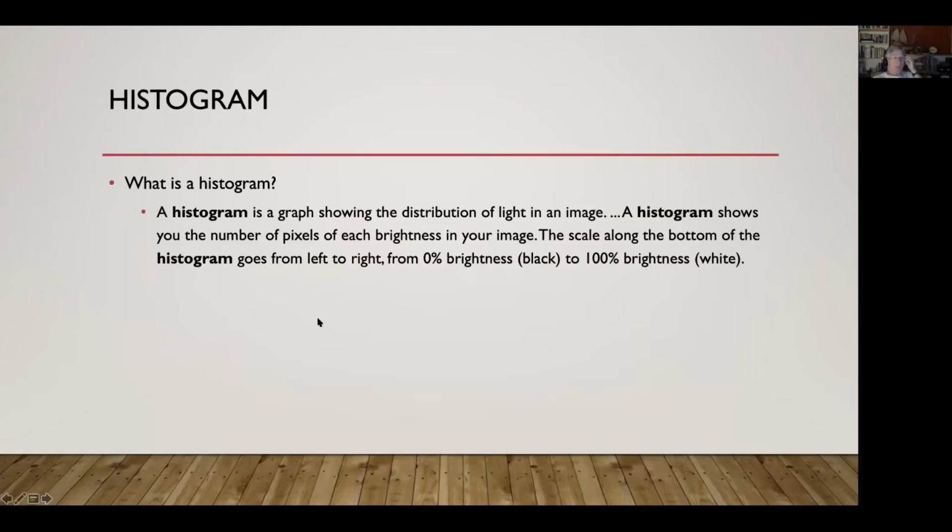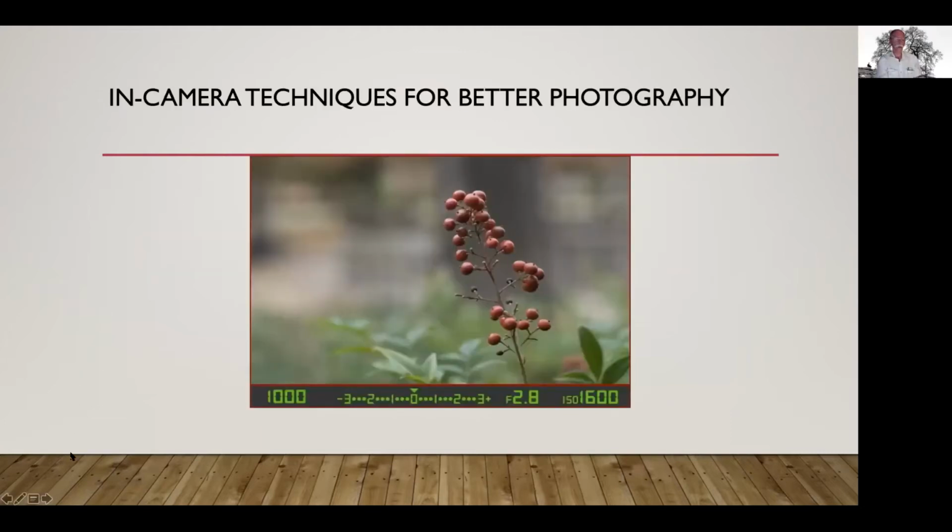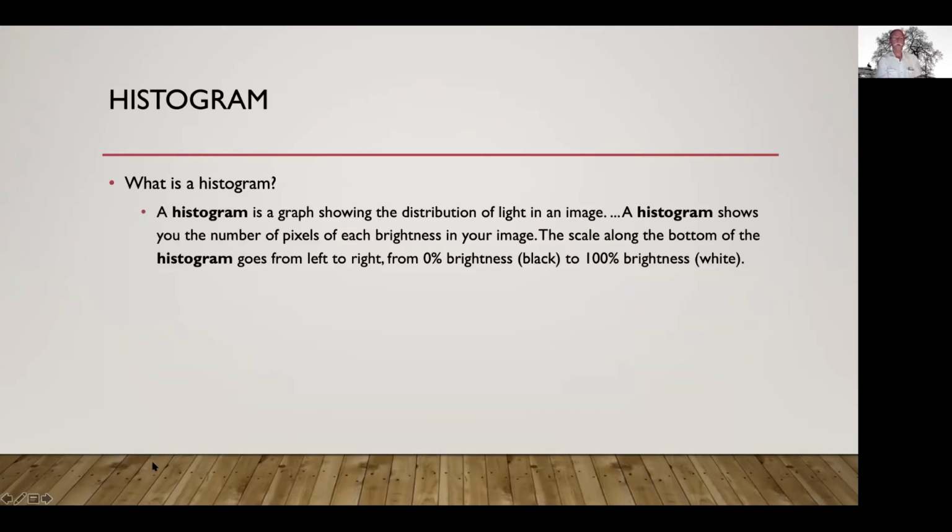All right. And what are the other methods that we use to check whether or not we are getting a full dynamic range in our camera? Is the use of our histogram. Now, my camera doesn't show a histogram when I'm looking at the image. Those of you that are using a mirrorless camera, can you see that histogram before you take the image?